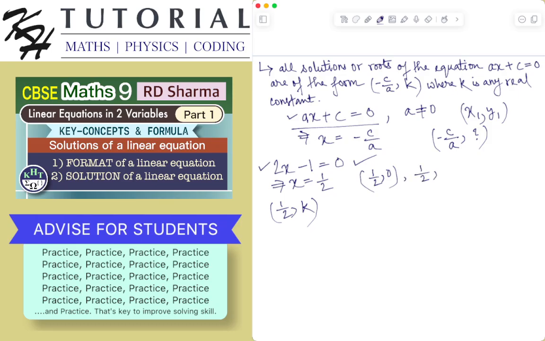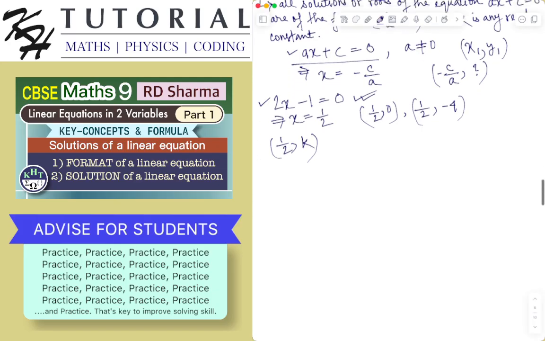Half comma minus 4 will also be a root of this equation. Since there are infinite real numbers, you can give infinite values to k, and each such ordered pair will be a root of this linear equation 2x minus 1 is equal to 0.